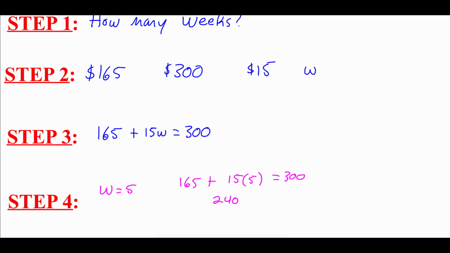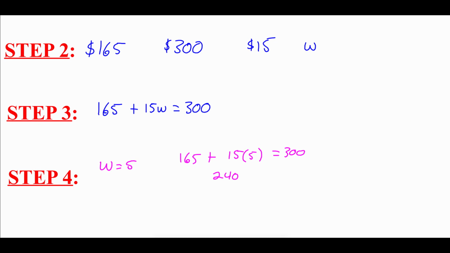So I need a bigger number of weeks. So if we guess, let's raise this to maybe 7. So I'd go 165 plus 15 times 7, and we're hoping that gets us to 300. Well, 15 times 7 is 105, and if I add 165 to 105, I'm going to end up getting 270.